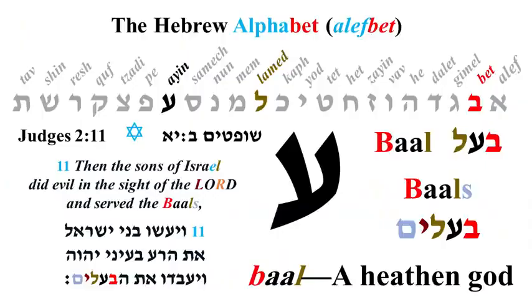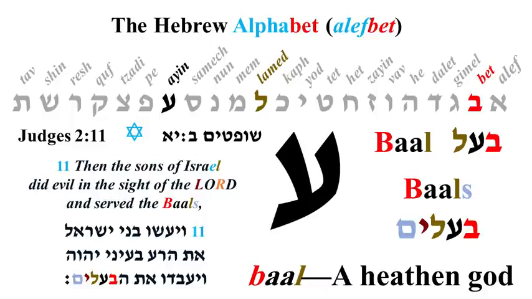All right. Judges 2:11. Another Ayin word. Then the sons of Israel did evil in the sight of the Lord and served the Baals. Baal, or Baalim in the plural, was a heathen god.